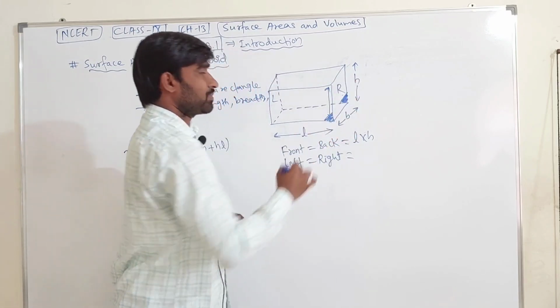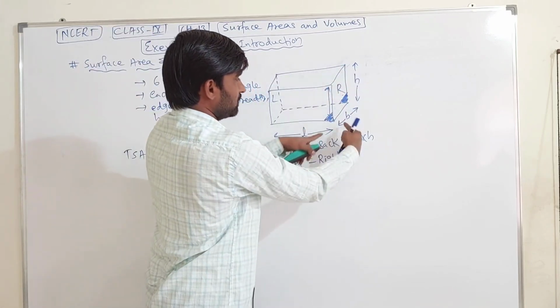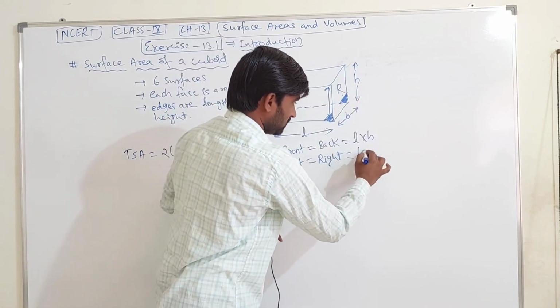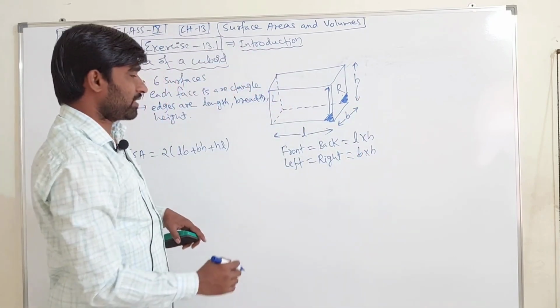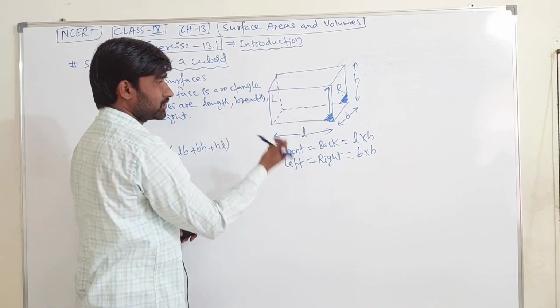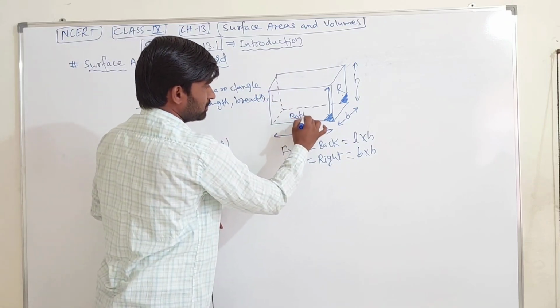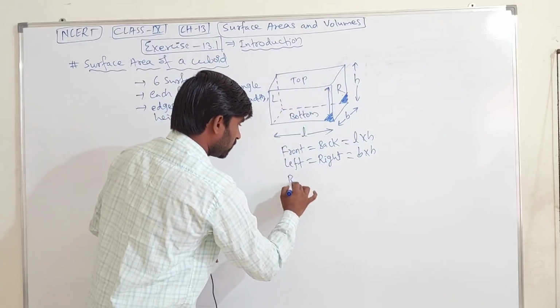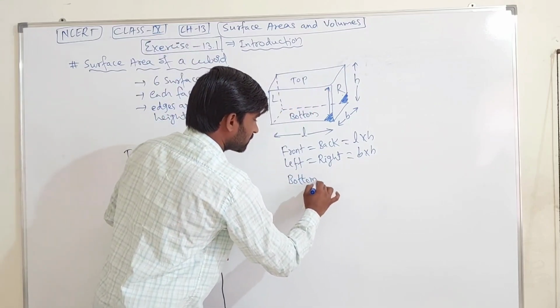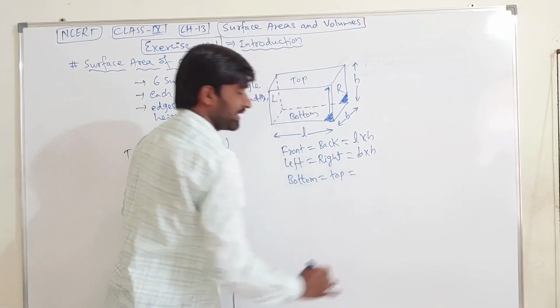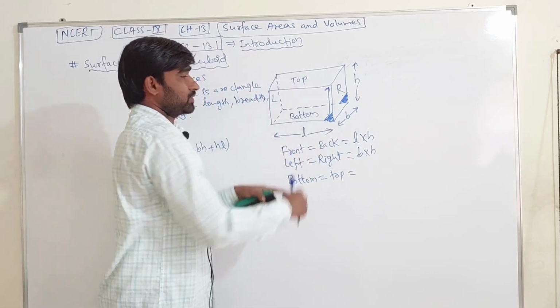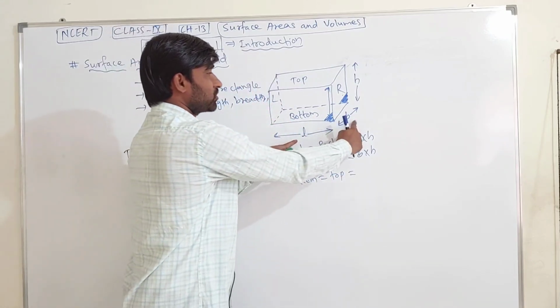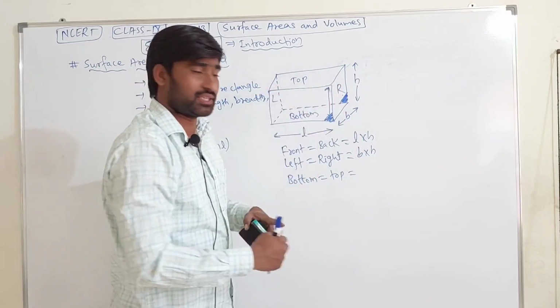So again it is in the shape of rectangle, so what is the area of this one? Breadth into height. And now what is remaining? Bottom and top. So this is the bottom and this is the top. So the bottom area is equal to top area. So what is the area of bottom? It is also a rectangle, so length into breadth, then area of top also length into breadth.